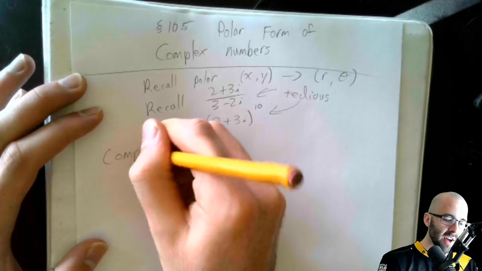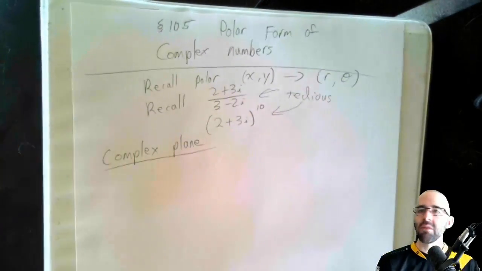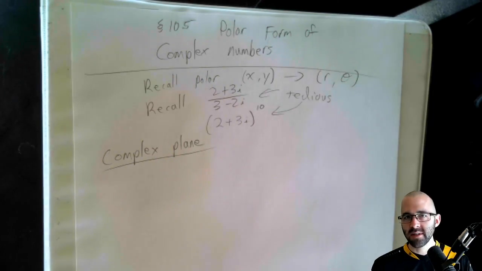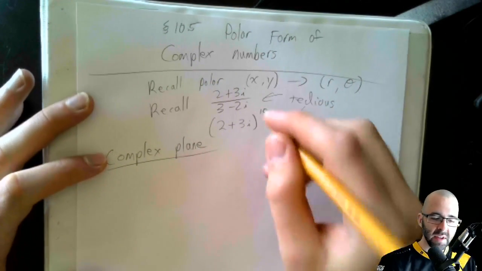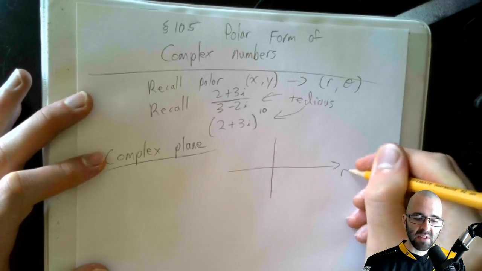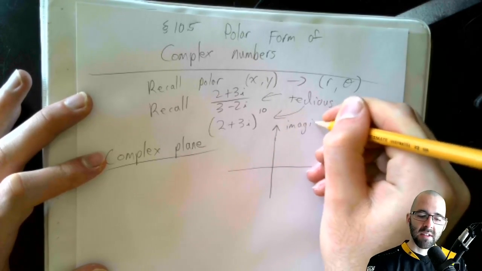Let's talk about something called the complex plane. How do we graph complex numbers? We can graph real numbers on the number line, but complex numbers have two parts, a real part and an imaginary part. So the complex plane is just a plane where this is called the real axis, and this is the imaginary axis.